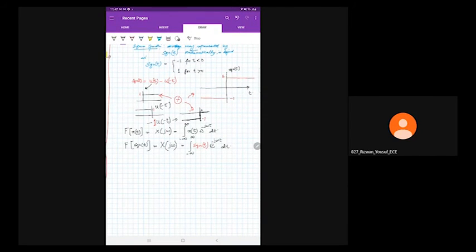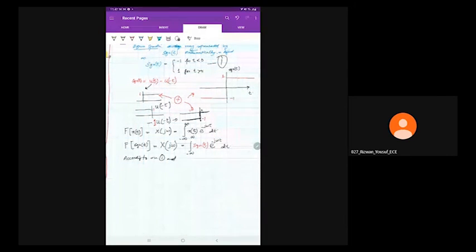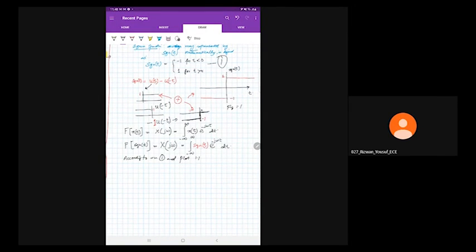All right. Now we know that our signum function has two parts. One is from minus infinity to 0, another is from 0 to plus infinity. ठीक है, तो हम इस integral को we can break it down. Now see, we can further write it down. X of j omega, I'll write according to, say for example, this is equation 1 here, signum function की equation, according to equation 1 and plot, figure 1.1.